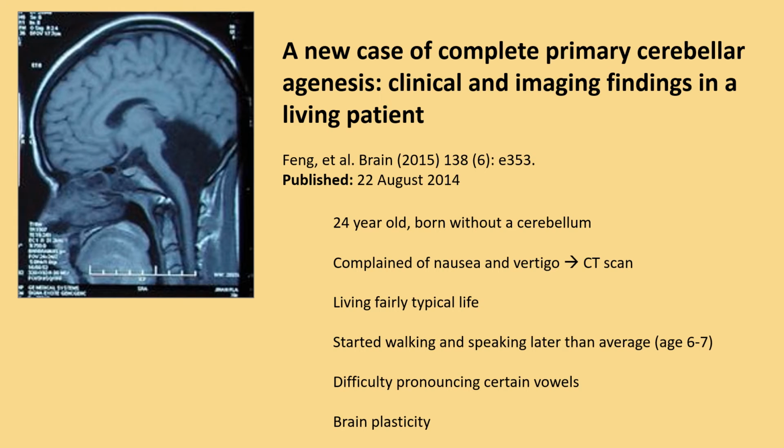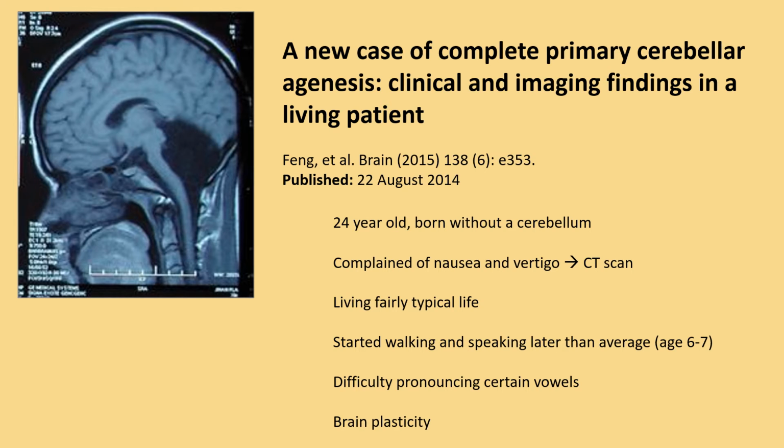And upon a very detailed neurological examination, it was discovered that she has difficulty pronouncing certain vowels, and that's a motor skill, right? Speech is a motor skill. Skeletal muscles are involved, and speech requires a great deal of coordination among many different muscles to produce speech.